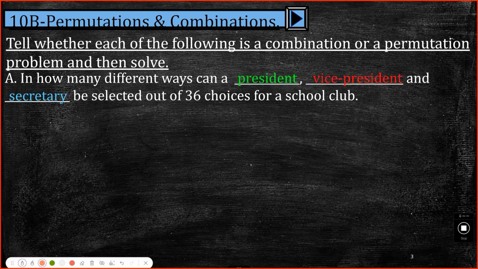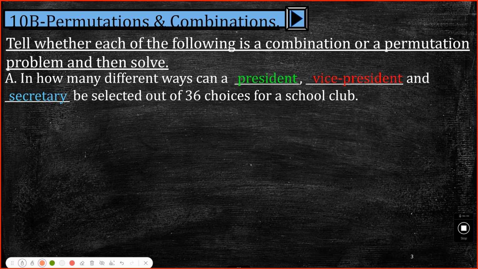This is unlike this class, which does not participate too much. But let's say that this particular club, they're all involved. They just love the club. They love being in there, and they all want to be president. They all want to be vice president. They all want to be secretary.